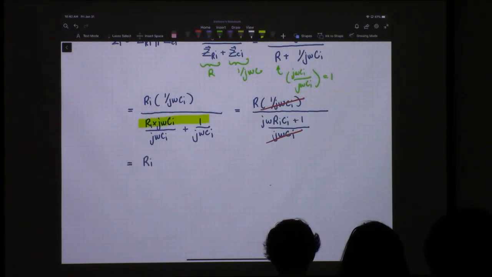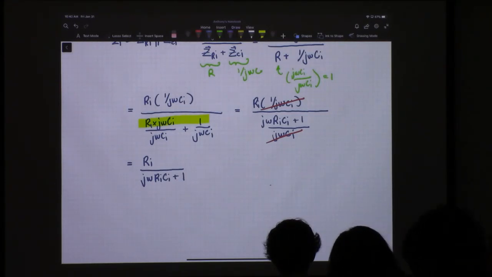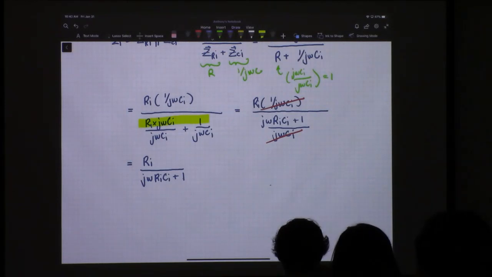I keep forgetting to add the i. Okay, I don't think we're going to finish this problem today, but we'll get as far as we can, and then we'll pick up with it next time.